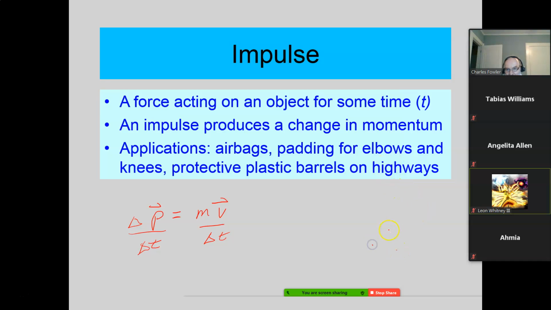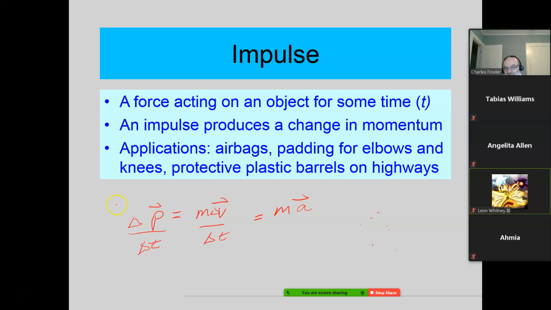Let's actually deal with this. This is mass. That doesn't change over time. And what's the change of velocity over time? That is acceleration.